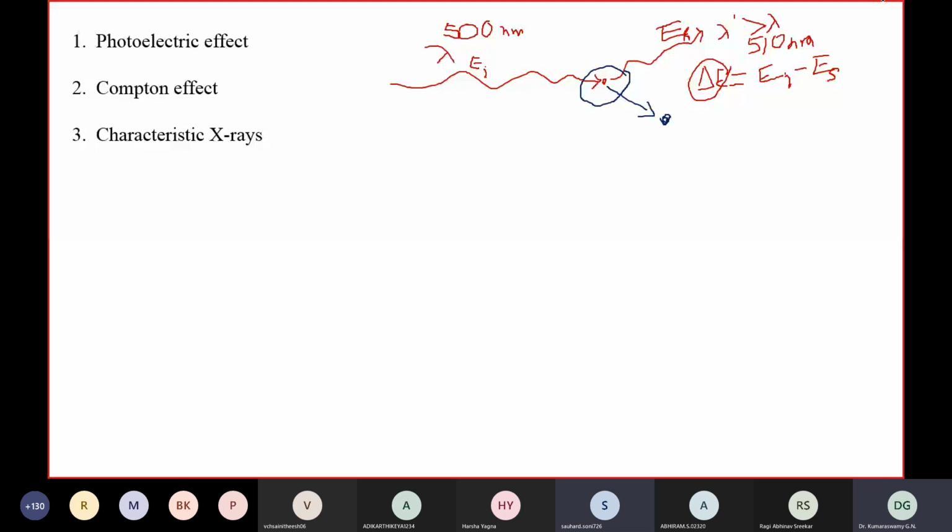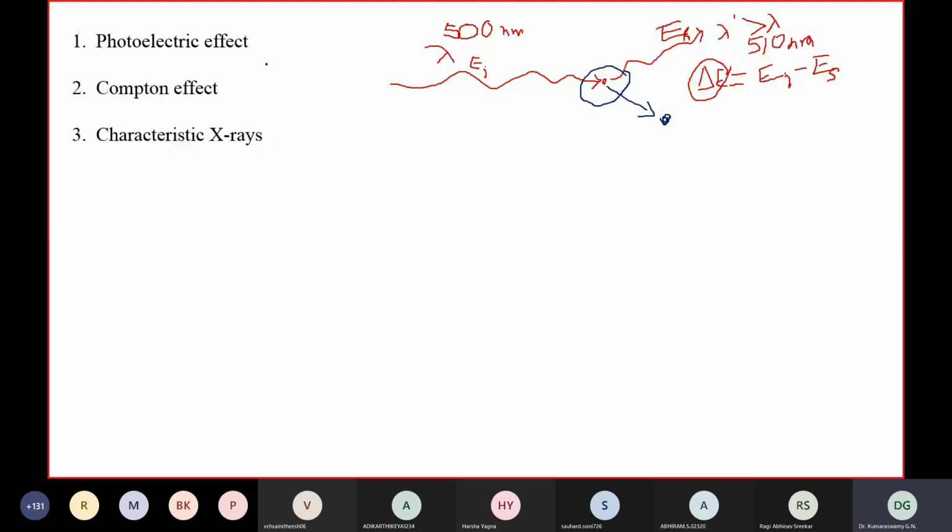Threshold is with respect to the wave, but for the electron it is not binding energy. It is not excitation, because the electron will completely come out of the material. Excitation is within the material. Eventually I'll tell in some time, or if you remember, you just tell me. What is the energy required to take it out of the material?